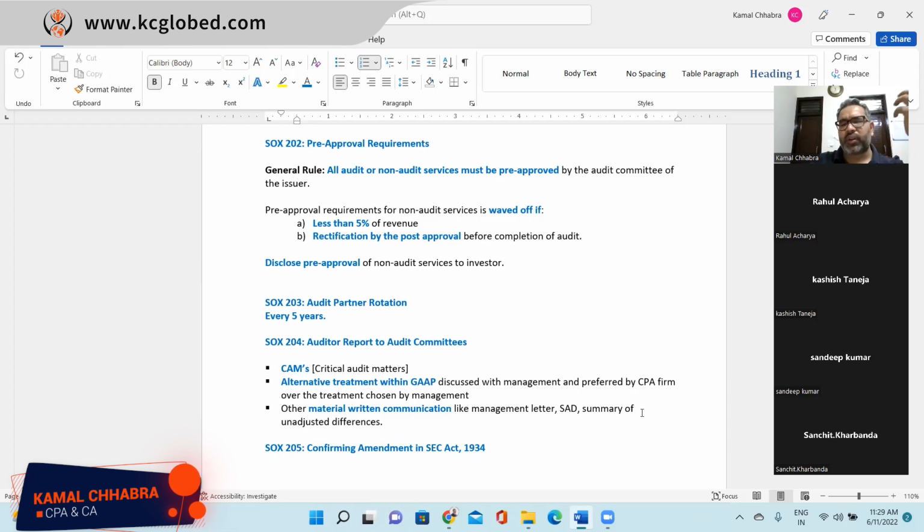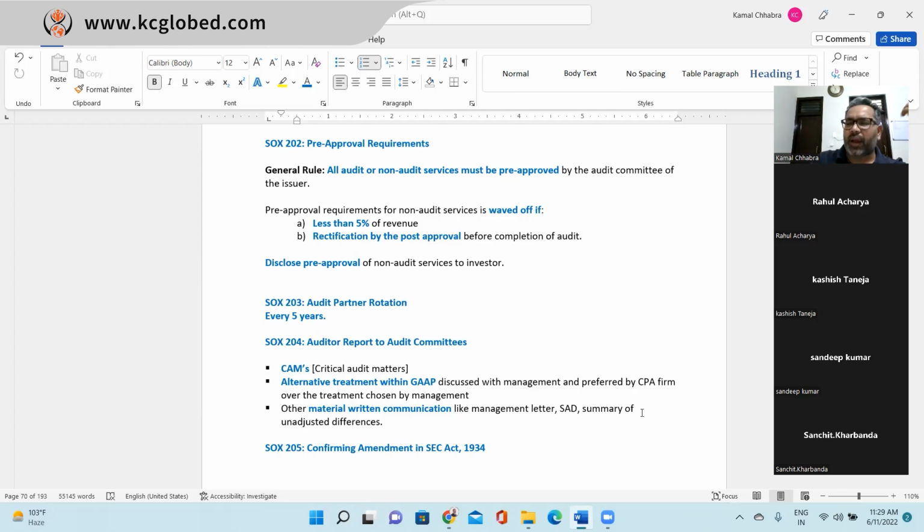Now your total revenue is $102,000, and if the non-audit fee is less than $5,000 or $5,100, then it is not required to have pre-approval of the audit committee. Then it is fine.